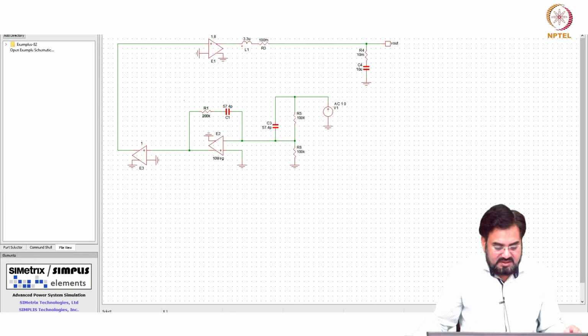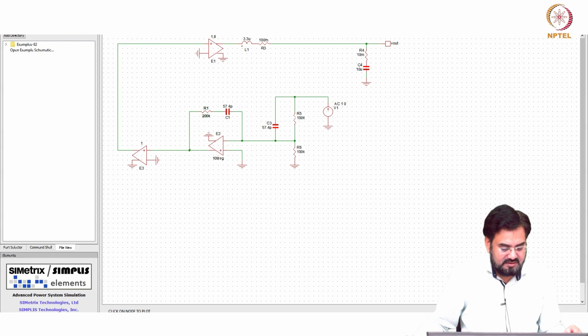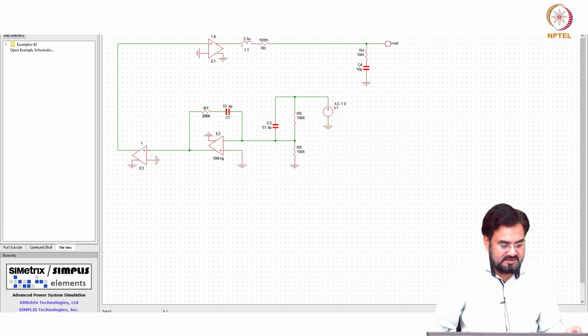So which means if I want to look at this output, we already plotted that, if you remember. So it should be looking similar to that. So you have integrator, then you cancel out, then second zero, and it will keep rising.